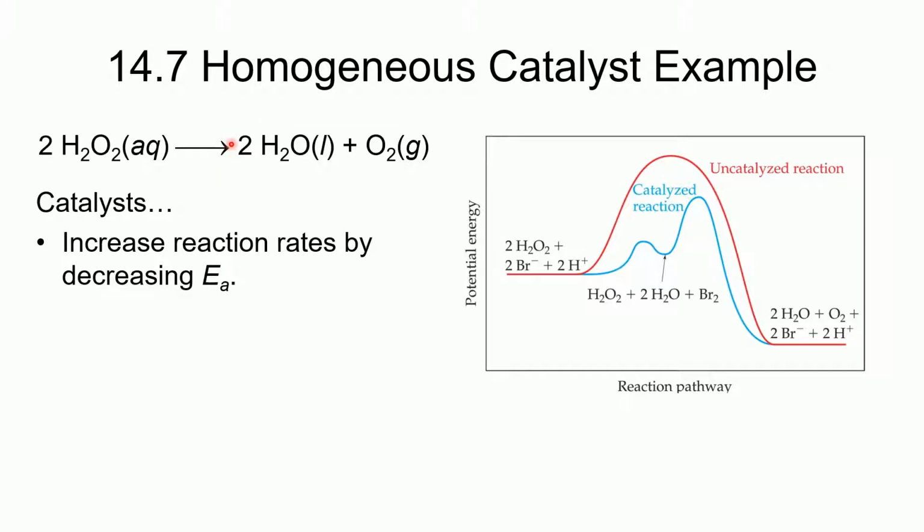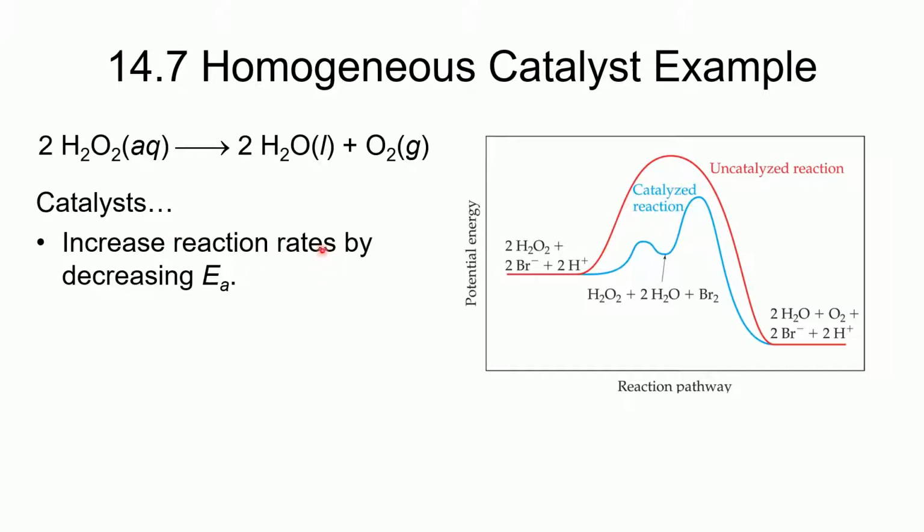Usually it's in a dark bottle because sometimes light can cause it to decompose, but the rate of the reaction is very slow because it has a very high activation energy. However, if you throw a catalyst in there, it can go in just a couple seconds. So something that would be stable for years and years, you throw a little something in there and in seconds it's done.